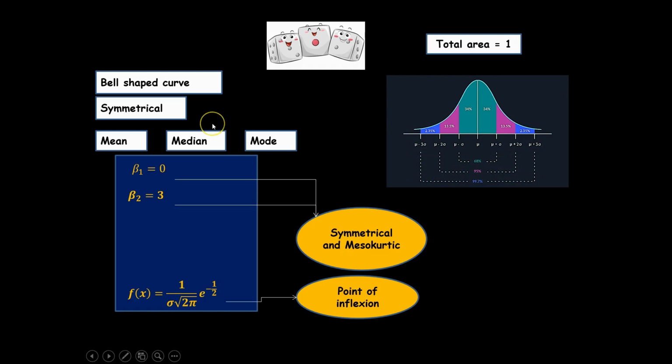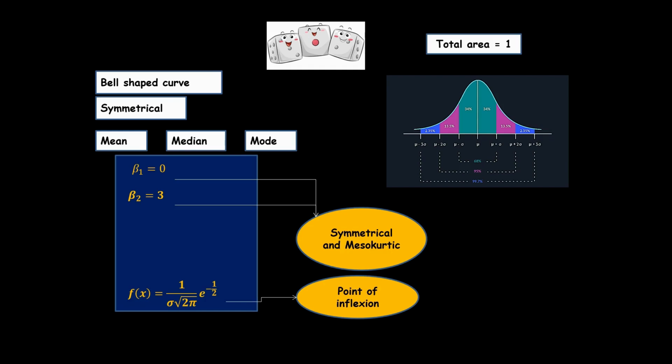Since the normal distribution plays a very significant role in testing of hypothesis, in fact in all parametric statistics, it plays a very important role. This normal distribution is a limiting form of the binomial distribution under some conditions: if the number of trials is very large and neither the probability of success nor the probability of failure is very small.